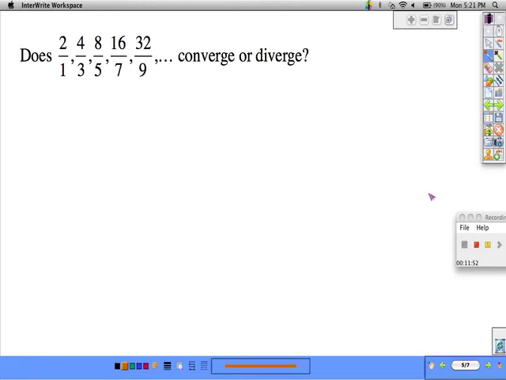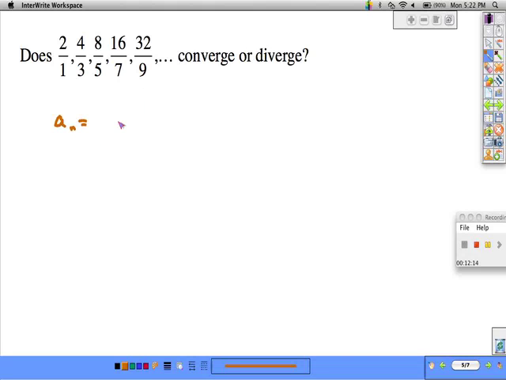Couple more examples. We have these 5 terms. It's an infinite sequence. We want to know, does this converge or diverge? Well, to deal with that, it would be helpful if we had a rule for it.